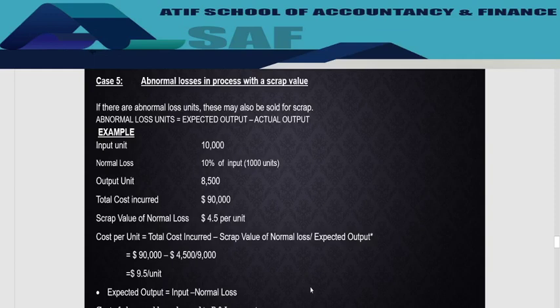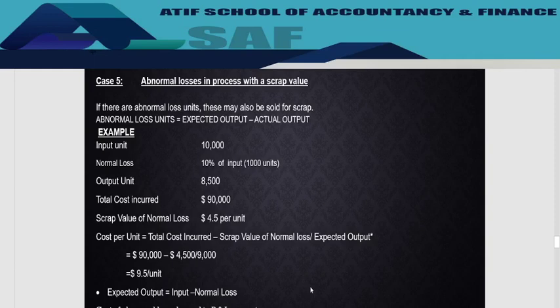Total cost incurred is 90,000 and the scrap value of normal loss remains the same, $4.5 per unit. To calculate the cost per unit, the formula also remains the same. Total cost incurred would be subtracted by the scrap value of normal loss.